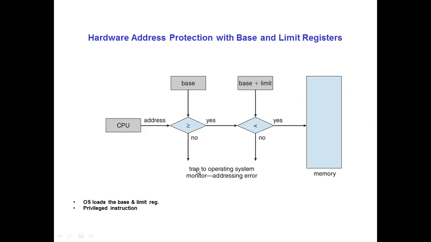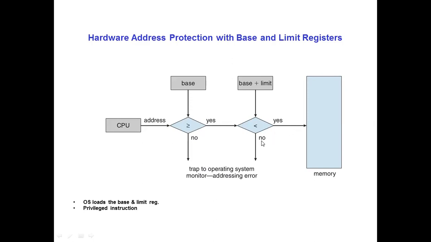So here we will get some sort of error. If it is okay, then it will proceed, and we are going to add both registers. The operating system will add both the address of base and the limit, and here we will get the logical address. If it is okay again.